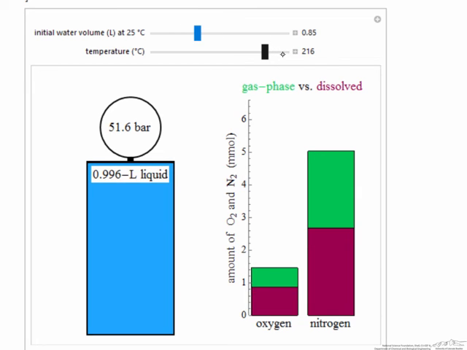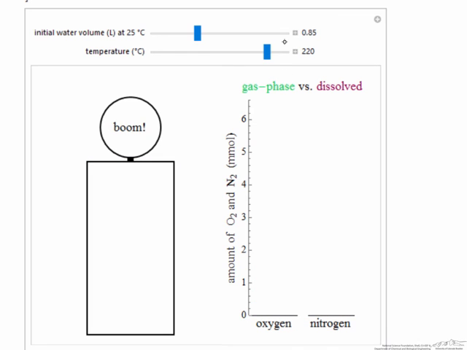Notice we're at 51.6 bar pressure. Now more than half the oxygen is dissolved, and it looks like about half the nitrogen is dissolved. As I continue to increase, notice we can get to extremely high pressures. We have very little vapor volume left, and most of the oxygen is actually dissolved. And then as I push too high, we set a pressure limit on the container, and so then the container would break.